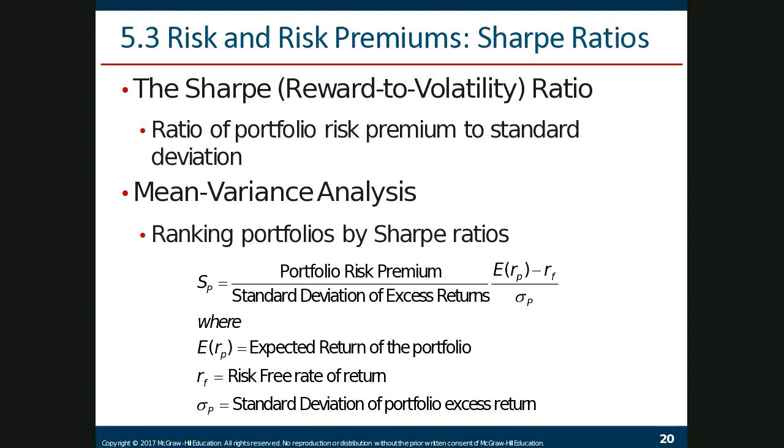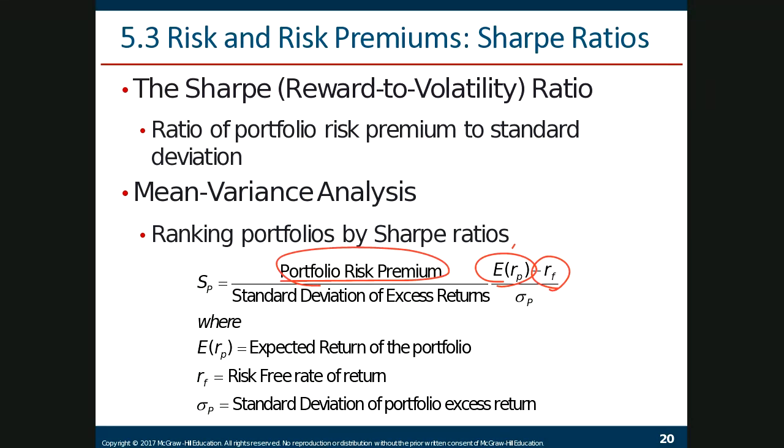Portfolio risk premium is basically the whole portfolio expected return minus the risk-free rate. Why? Because expected return has two different parts, risk-free rate and risk premium, right? So one part is the risk-free rate. The other part is the reward for taking on any additional risk on top of that.